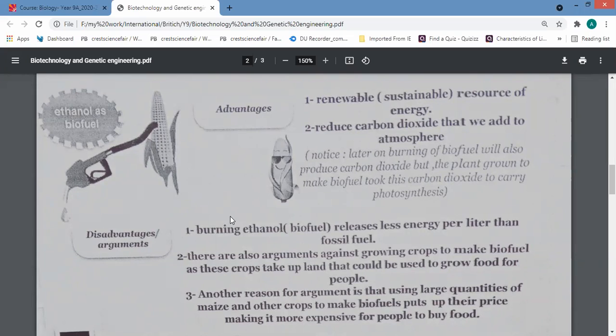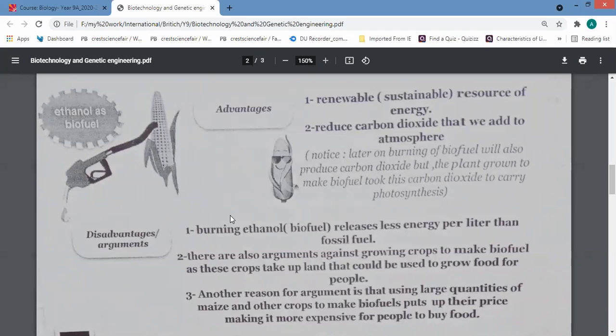The biofuel from yeast fungus is sustainable, which means it is a renewable resource of energy, but in case of fossil fuel, it is non-renewable. Both of them, fossil fuel and ethanol biofuel, release carbon dioxide. But the amount of carbon dioxide released from ethanol biofuel is less than that in case of fossil fuel.